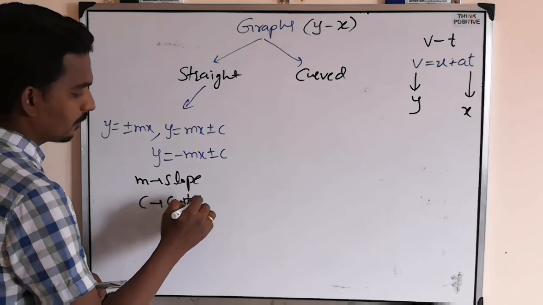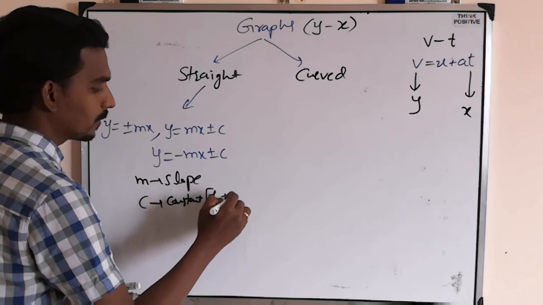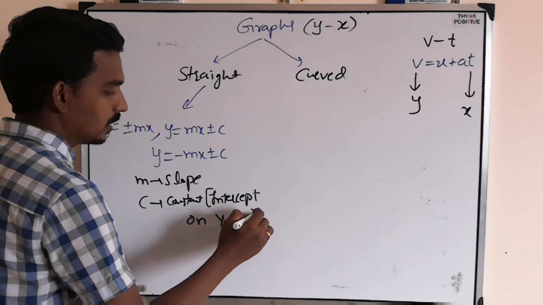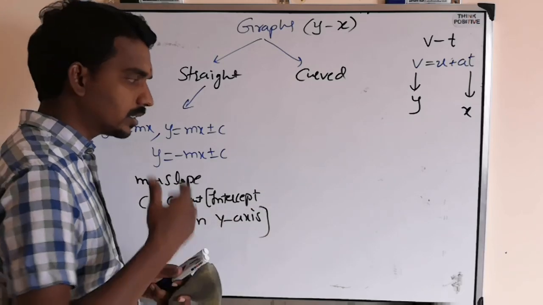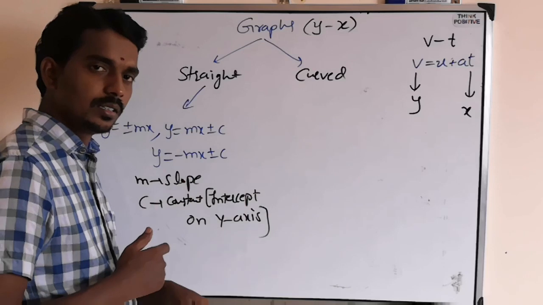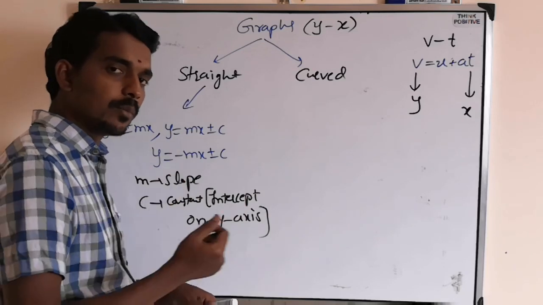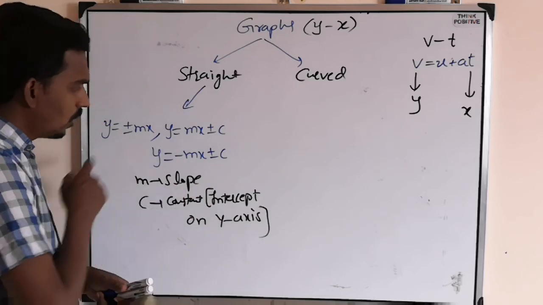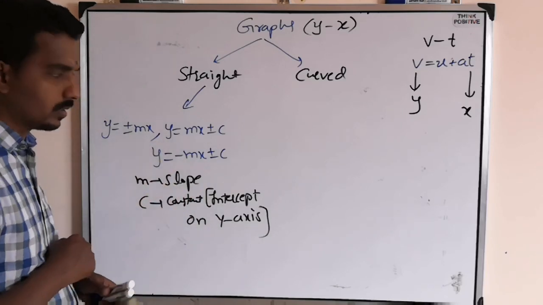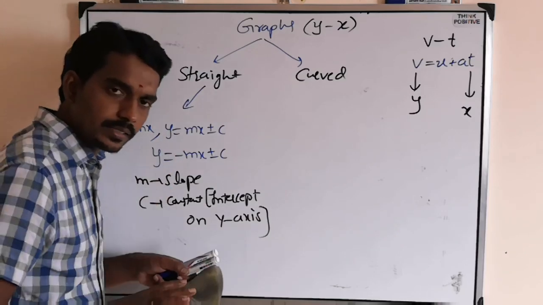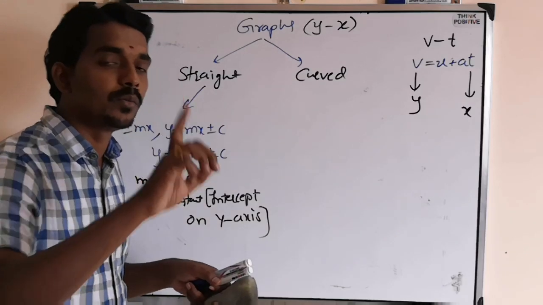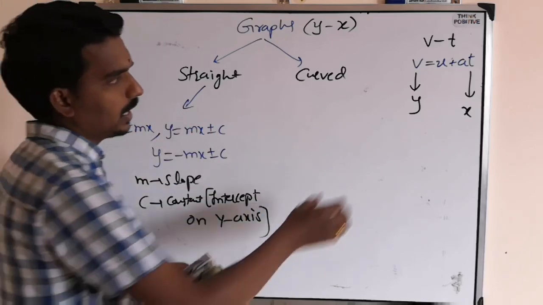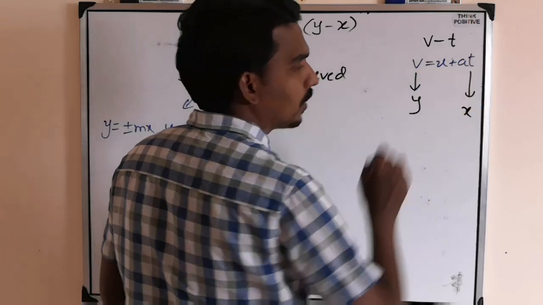It is a constant or intercept on the y-axis. The graph intersects the y-axis at a point, and that is called the intercept on the y-axis. If you observe these three equations, y depends on x and the power is only 1. y power 1, x power also 1. In a relation like v power 1, t power 1.